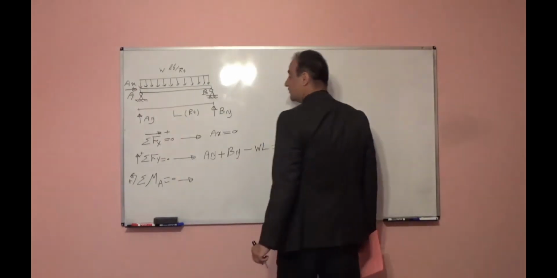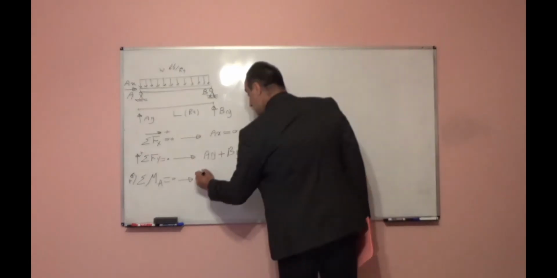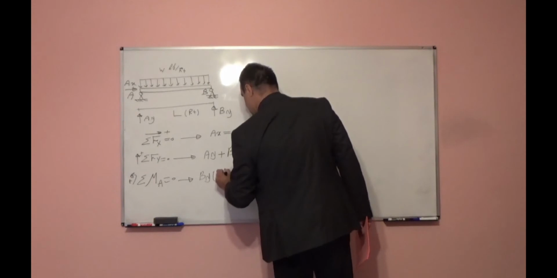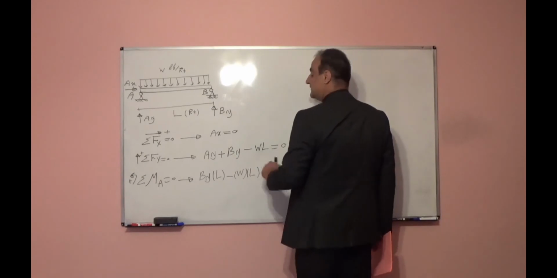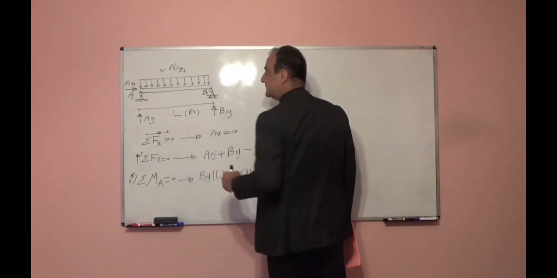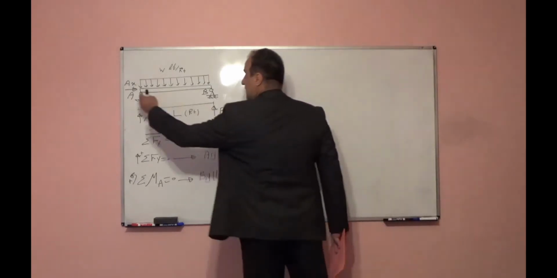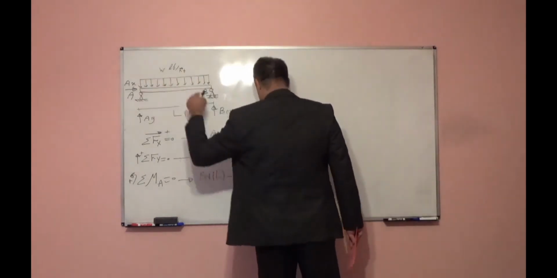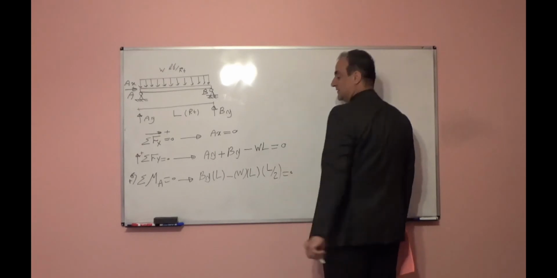AX and AY both pass through A, so they will not create any moment with respect to point A. BY times the distance, which is L, minus W times L, the resultant force, times the distance from the resultant force to point A. The resultant force will be at the centroid of this rectangle, so times L over 2 is equal to 0.